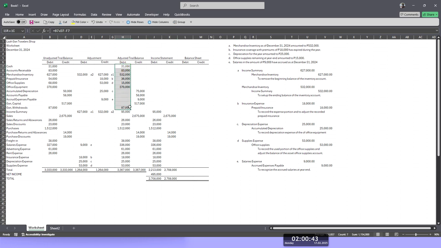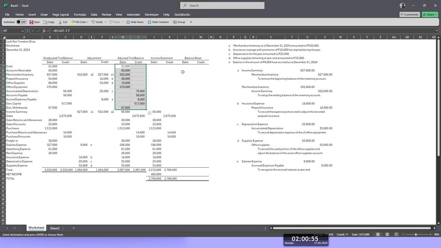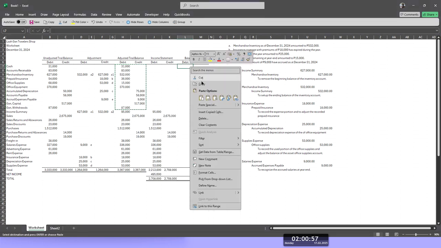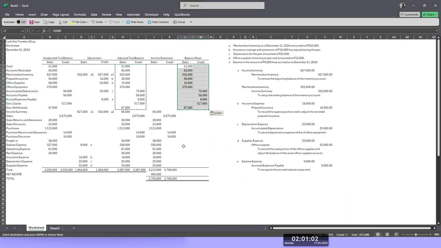So for the balance sheet, it's assets, liabilities, and equity up to the withdrawal account. I'll copy this one, and then under the balance sheet column, paste the value, and then determine the total.